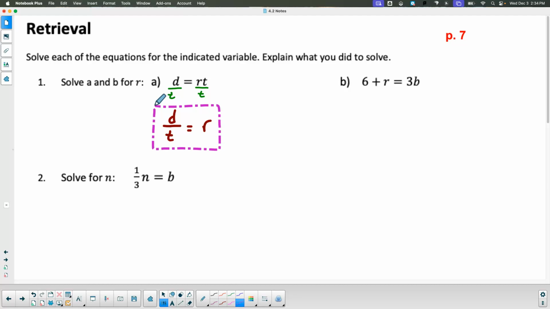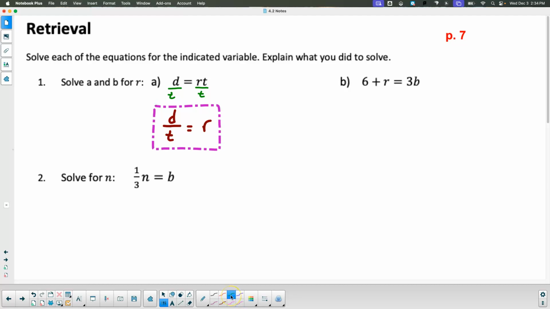Okay. If I want to get R by itself in letter B, what do I need to do? Allie, what do I need to do to get R by itself in letter B? On both sides? Yep, exactly.